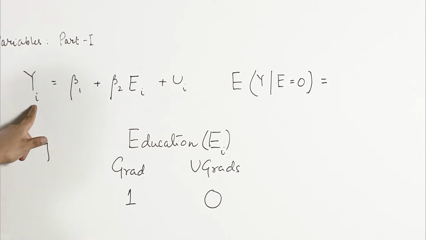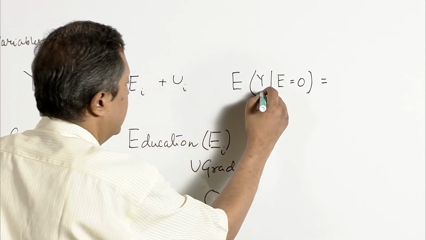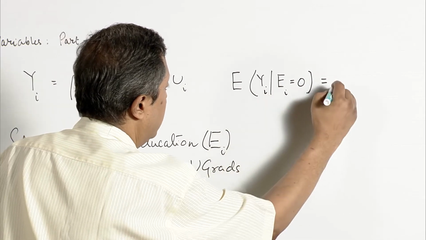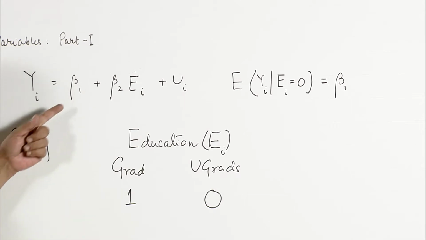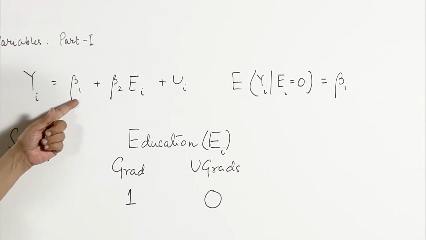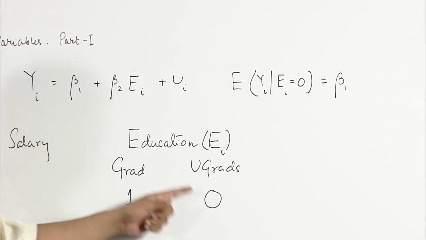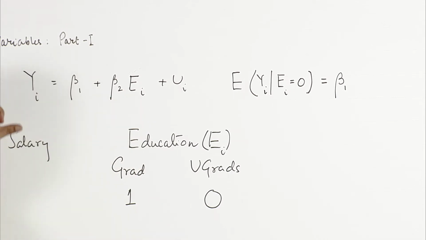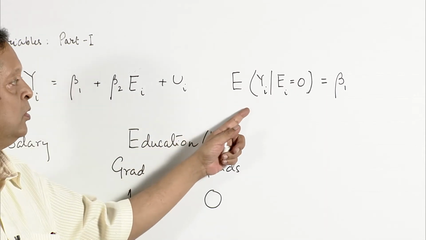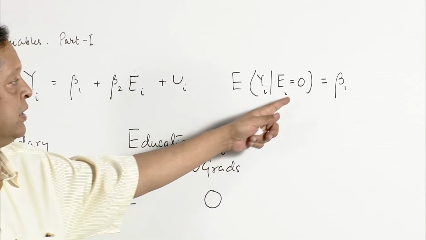So, therefore, expectation of y_i given E_i equal to 0 will be only beta 1. So, that is the mean salary of undergraduates, because we are putting 0. So, this beta 2 effect has gone. So, this regression tells us that the mean value of undergraduate employees is beta 1.